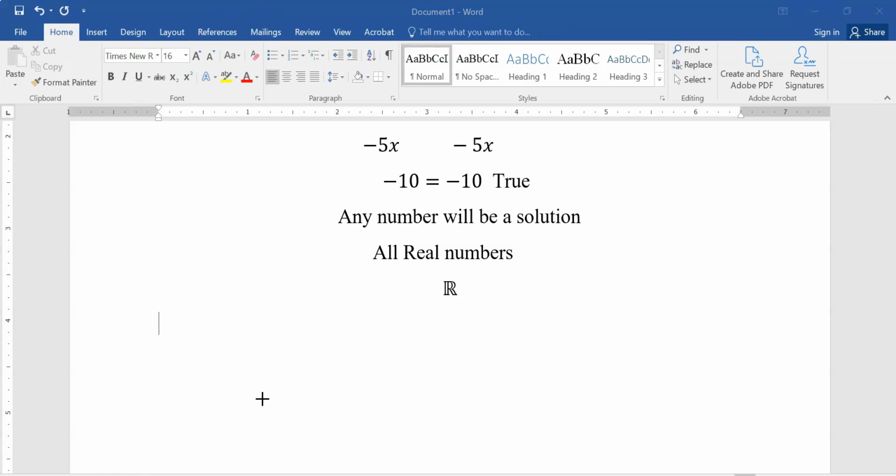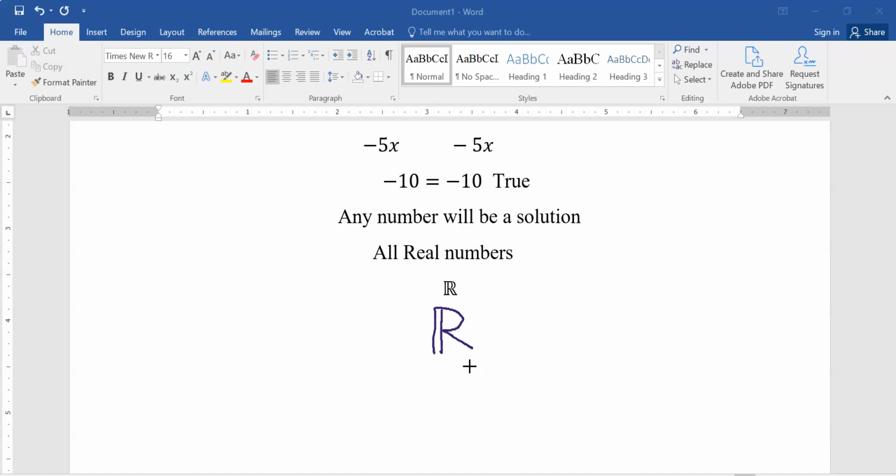Some people will write all real numbers. Let me try to freehand it. So they'll write all real numbers like this. They'll write two lines on the left and then just a single line on the arch and then the kick out there.